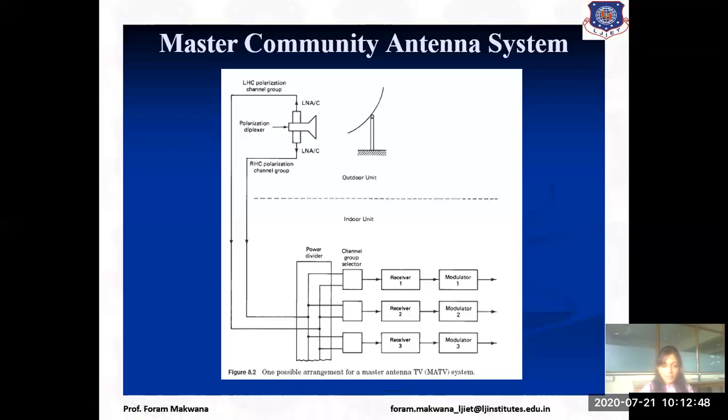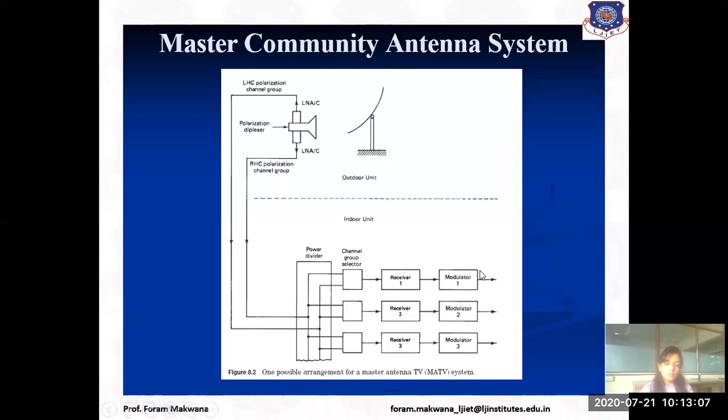As multiple receivers are receiving the channels, we can access a TV system in different rooms with the help of only a single outdoor unit, or a single parabolic reflector.